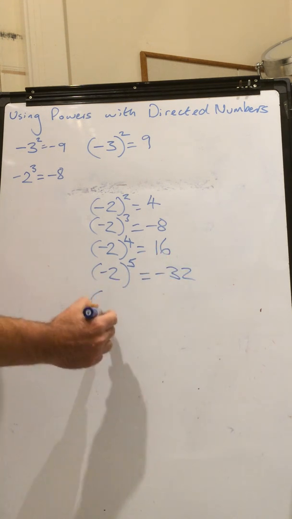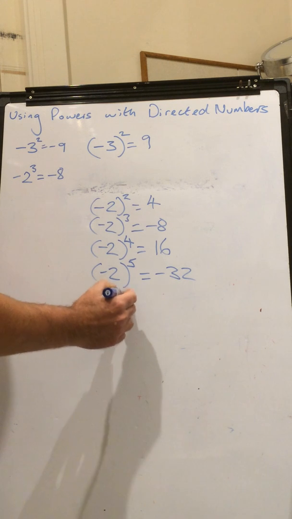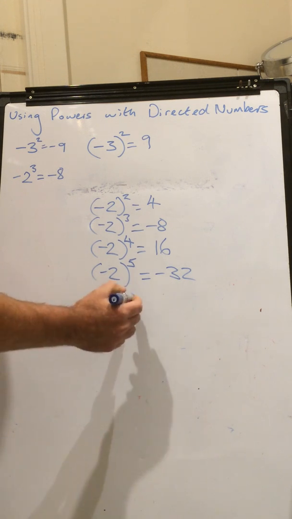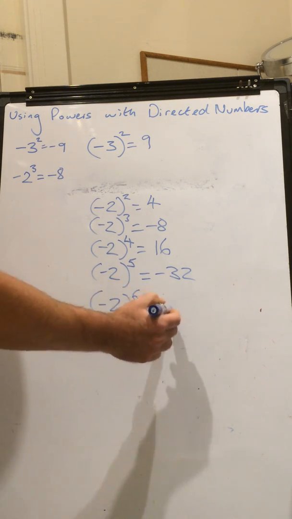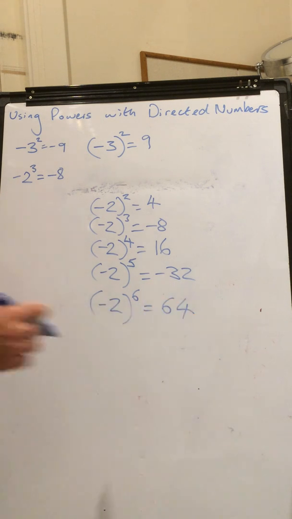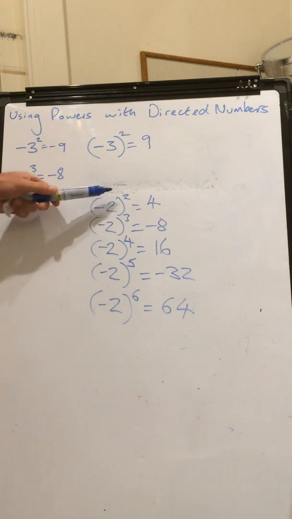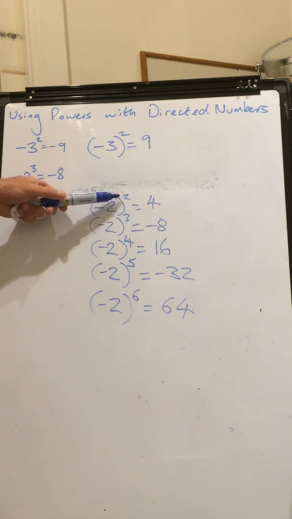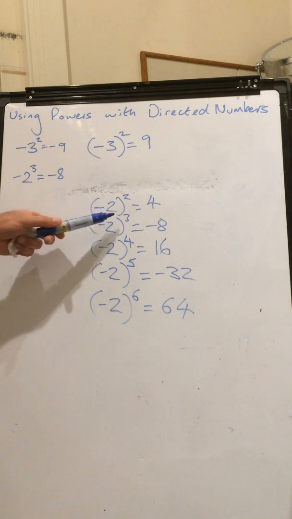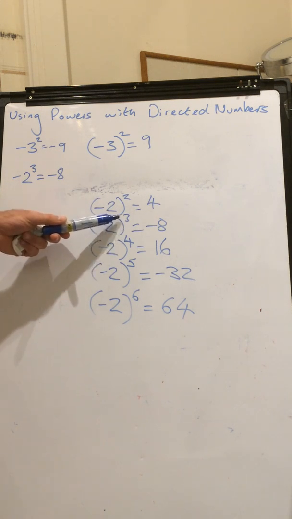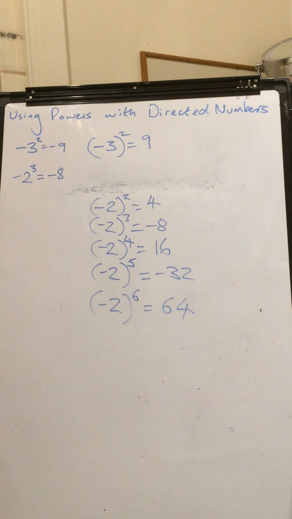Consequently, we start to rush ahead: (-2) to the power of 6 is going to be 64. So to summarise, when we're dealing with negative numbers in brackets and the power is an even number, the answer is going to be positive. When the power is an odd number, the answer is going to be negative.